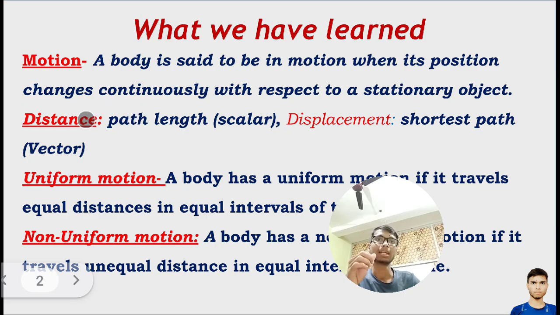Path length. It is considered a scalar. Distance is considered a scalar. Now, here we have the word scalar. What is the meaning of this word? A scalar is a quantity. Distance is a quantity.